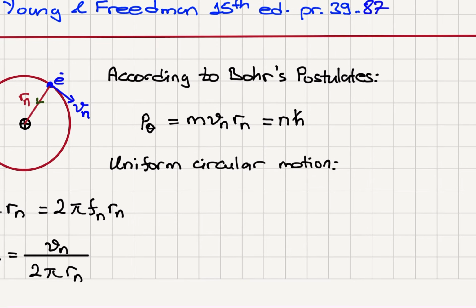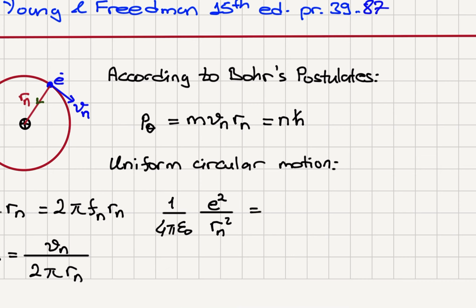It is given by Coulomb's law: 1 over 4 pi epsilon 0, the permittivity of free space, times the product of the charges, which, because the electron charge and the proton charge are the same but with opposite signs, is e squared, divided by the distance between the two point charges squared, r sub n squared.